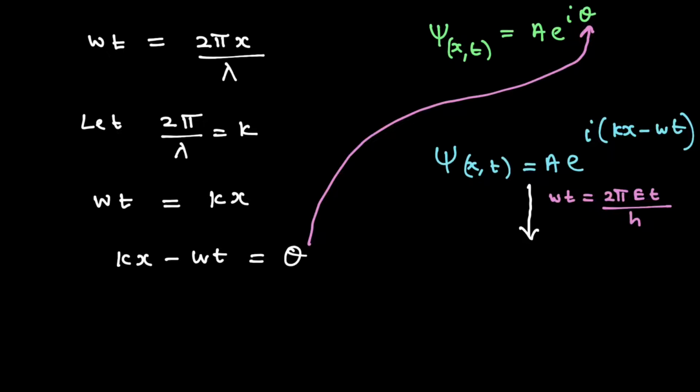So Louis de Broglie talked about the wave equation in 1924, where he said lambda is equal to h over p. So that's Louis de Broglie.